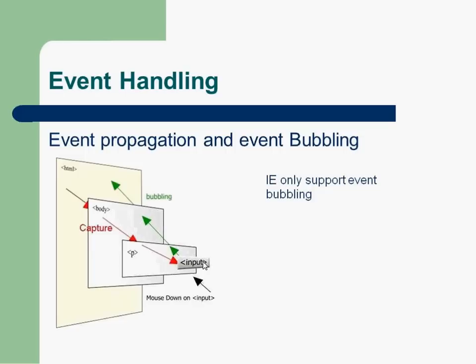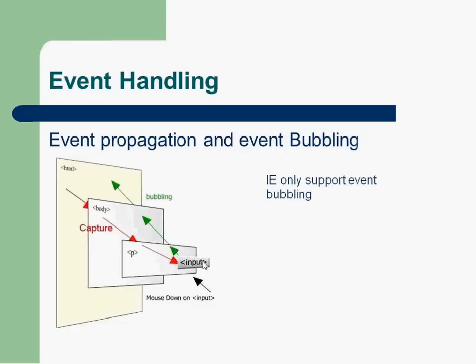So first, internally, it calls the capture event handler for the HTML, then body, then P, and then the innermost element, the input, where the event exactly happened, and then it bubbles back. It goes to the P, and HTML again.